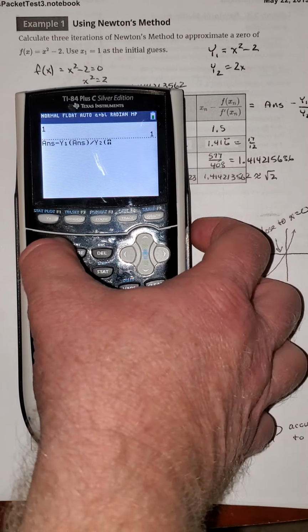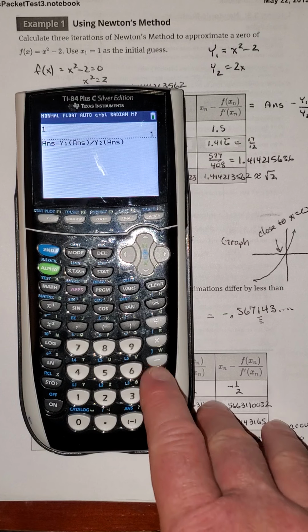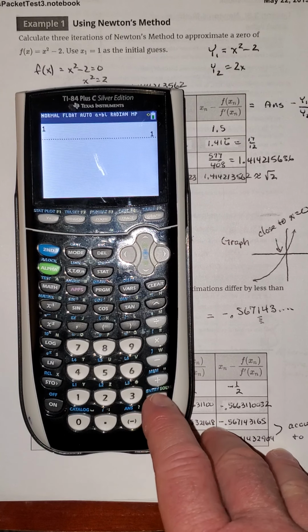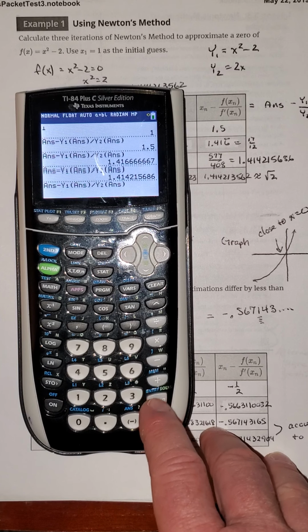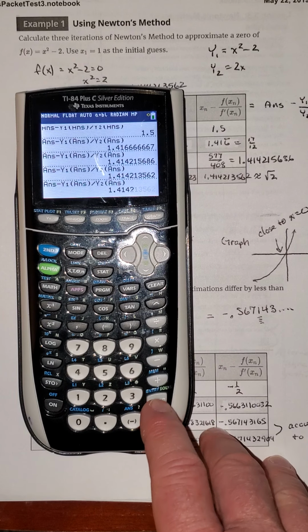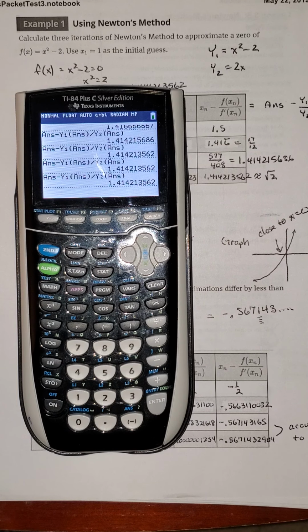And then again in the parentheses, I'm going to put my answer. And you can do the same thing we did. You can hit enter multiple times, and it will give you the same values we have here. And you can keep going, and it would become more accurate. Look, it's giving the same value all the time now. It's really accurate.